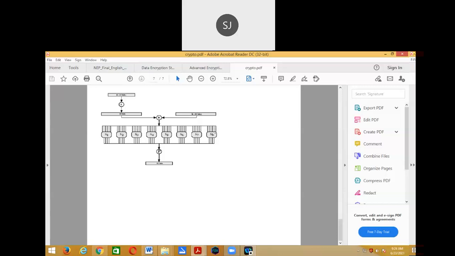Some values are stored in each S box. It contains some numbers. How many entries should there be in an S box when you have a 6-bit input?